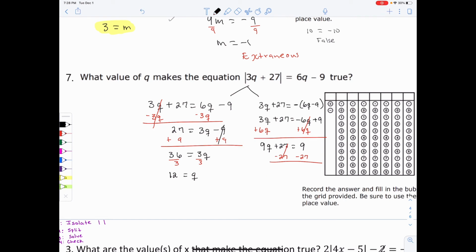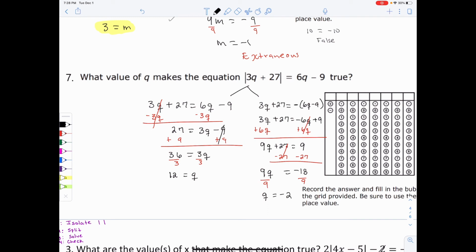Try to stay consistent with my colors here. So I have 9q equals 9 minus 27. That would be negative 18. Divide by 9. So q equals negative 2.